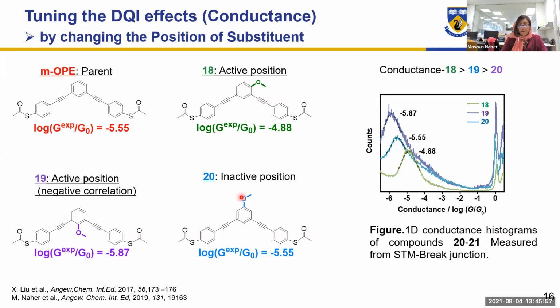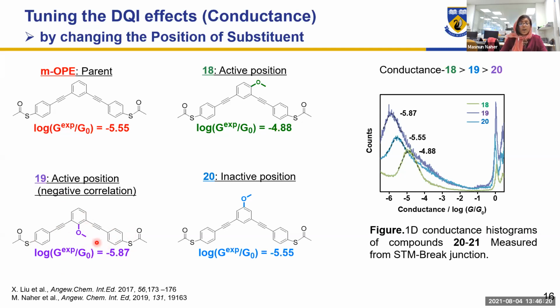When we put it at the 5 position, molecular conductance is the same as the parent compound, as expected. Both of these are following the theory very nicely. But when we put the substituent at the 2 position, you can see that molecular conductance doesn't change a lot compared to the parent compound. So this is telling us that in that case it's not following the theory.